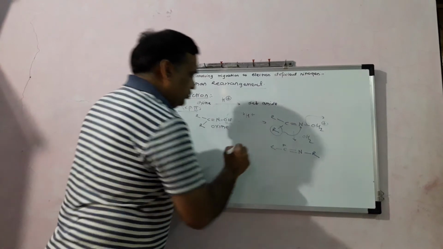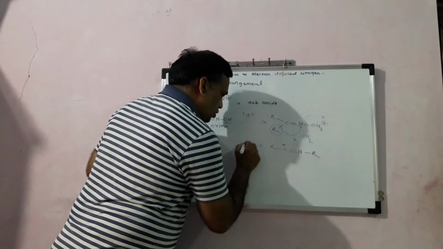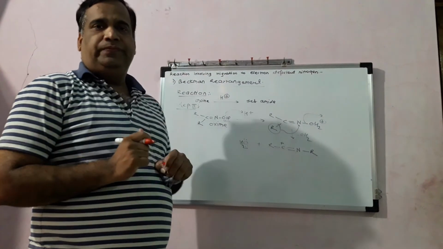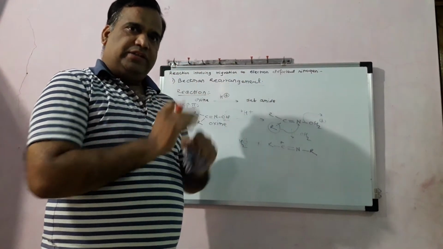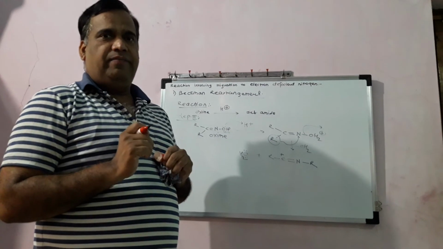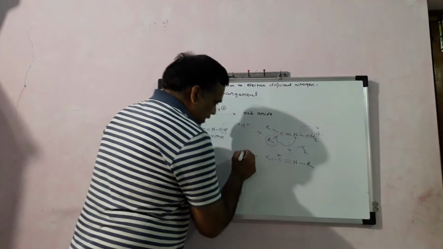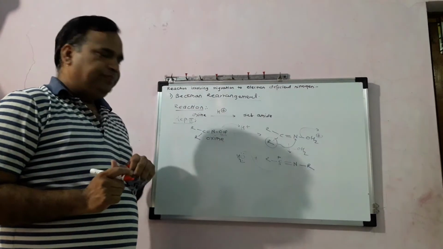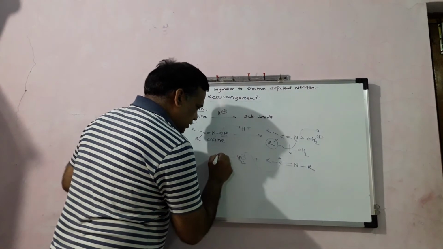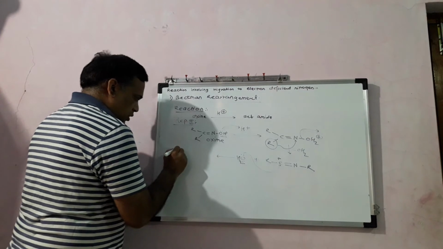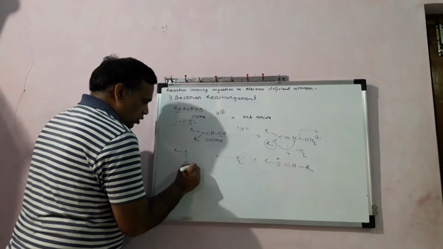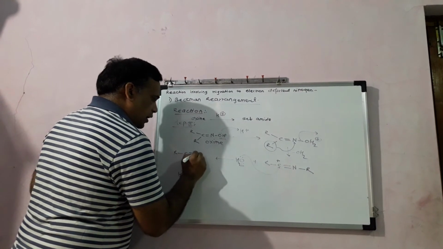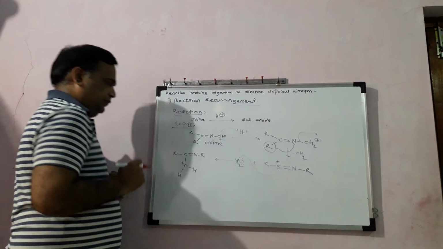The eliminated OH2 is present in the same reaction mixture, so that OH2 will attack in this way. So we get the product R, C, OH, with the positive charge here, and nitrogen R.